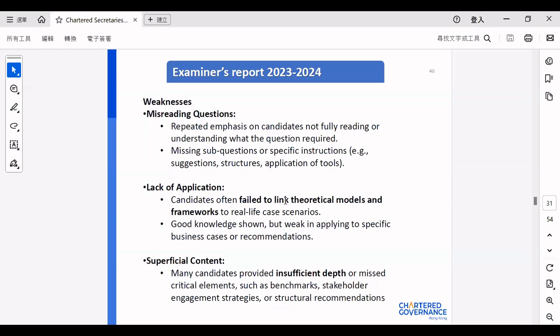So candidates, when they went into the examination room, just write down what they have memorized and put down their pens. That is quite dangerous because you need to think in the examination room. You need to consider what is really asked by the examiner.